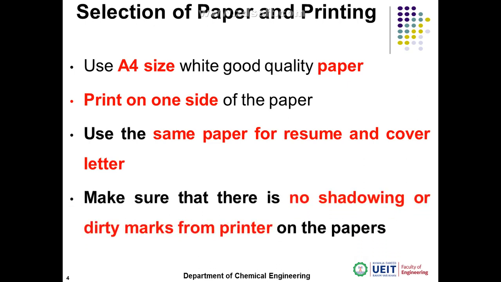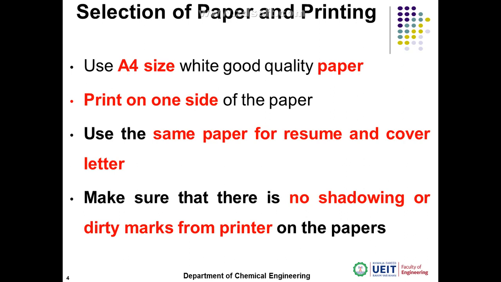One of the very important things on all such documents is that you have to make sure that the printer is printing the pages correctly. There should be no shadowing, no dirty marks, no oil prints or fingerprints, and the paper should not be wrinkled. It should be wrinkle-free paper, and you should not bend it. Also, avoid stapling the paper at this step.